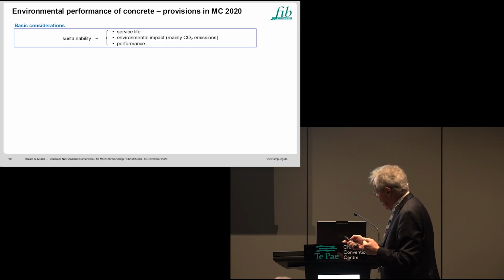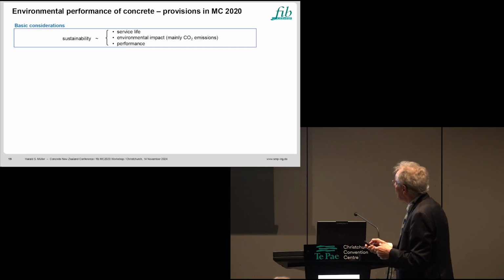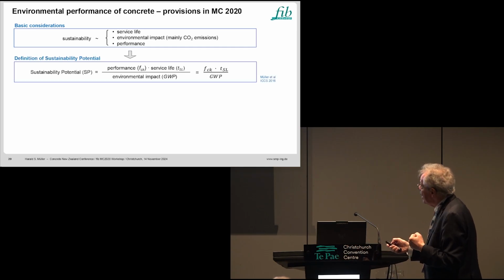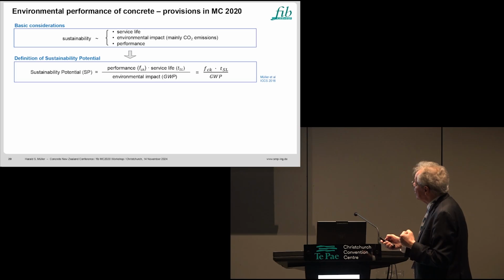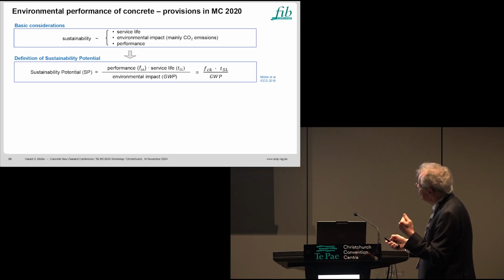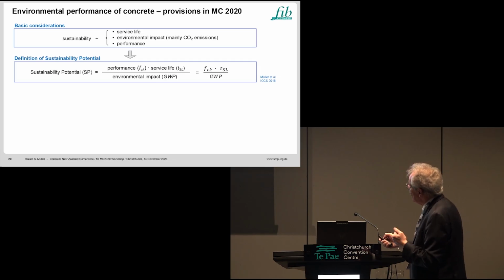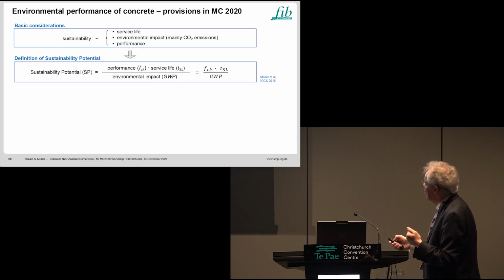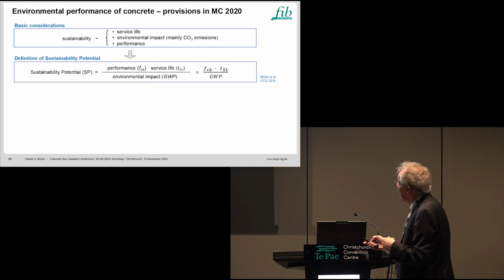And already a couple of years ago, we came up with the idea of a sustainable potential. We developed a simple formula that sustainability is proportional to performance multiplied by service life and divided by the environmental impact.